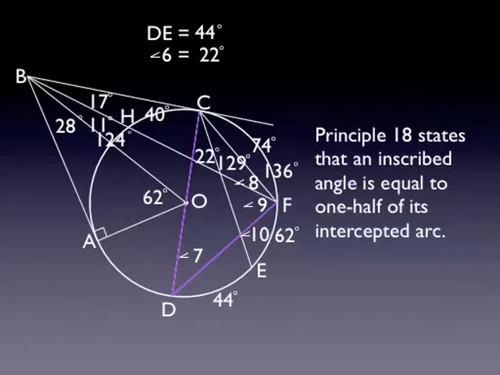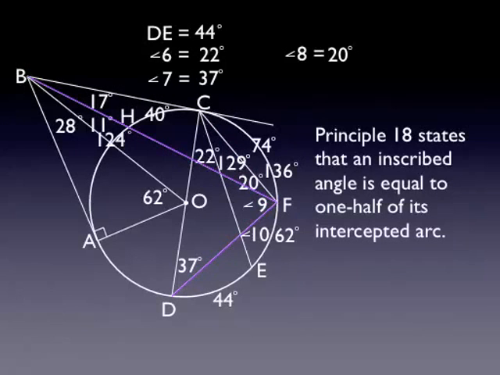Now angle 7 also is an inscribed angle, intercepting 74 degrees. So angle 7 is half of 74 degrees, or 37 degrees. Angle 8 is also inscribed, even though we extended one of the arms beyond the circle. It intercepts a 40-degree arc, so half of it is 20 degrees.